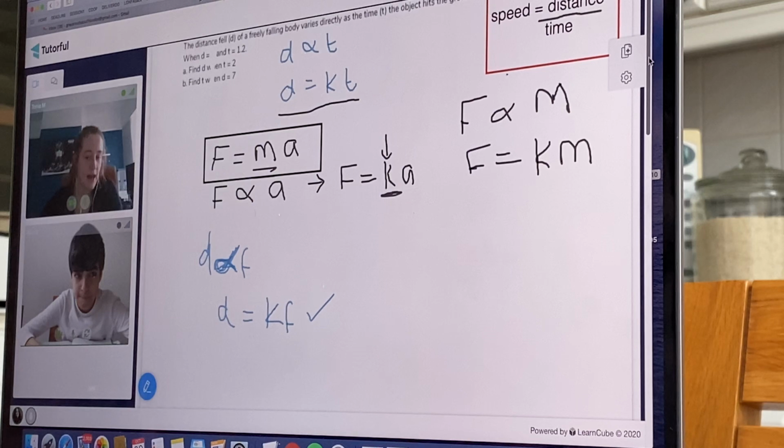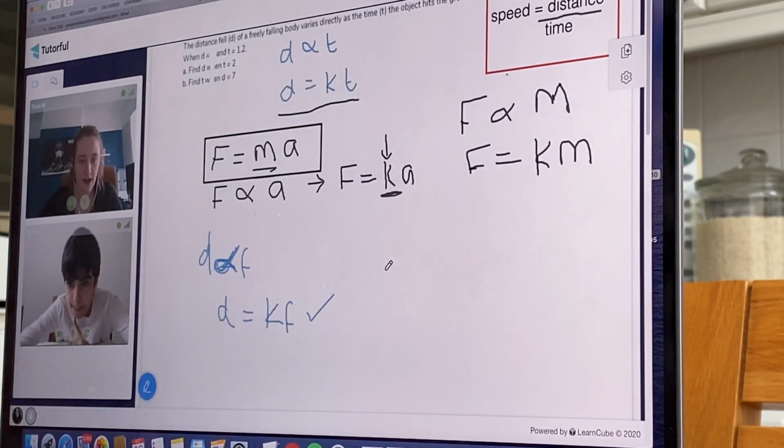If we know, for example, that k is 10, then we could replace it by 10, or we could replace it by m if we knew that k was equal to m.